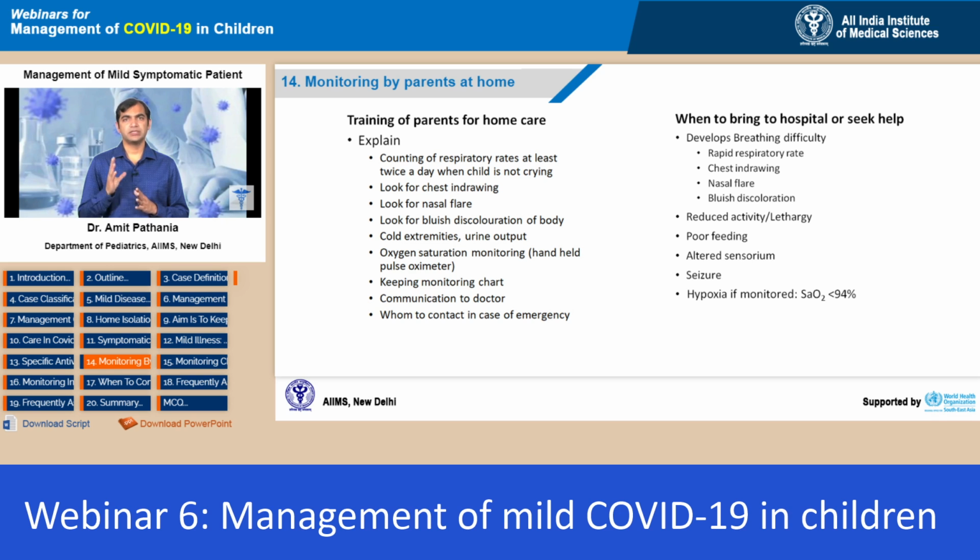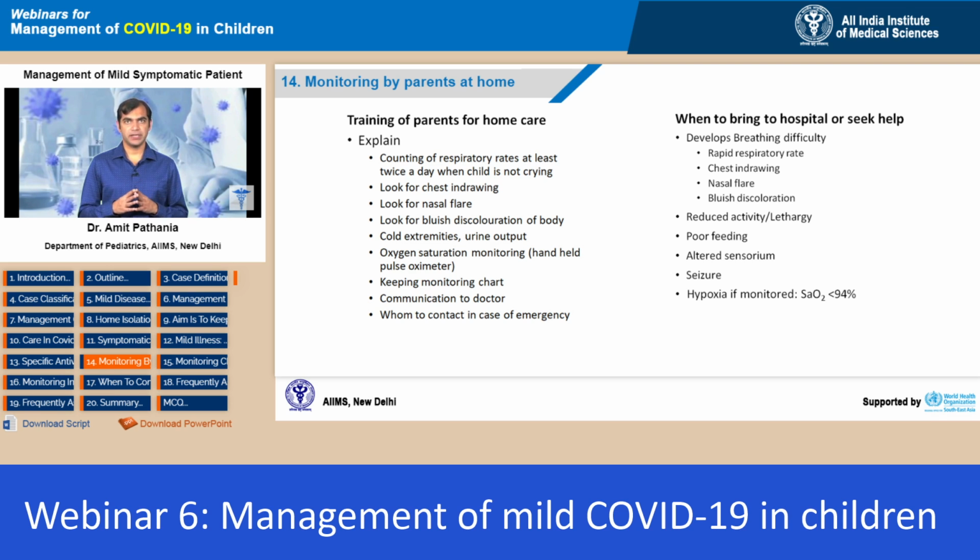They should be explained how to look for chest indrawing, nasal flare, bluish discoloration of body, cold extremities, and to monitor urine output. They should use oxygen saturation monitoring by handheld pulse oximeter. They should keep a monitoring chart and communicate to the doctor, and they should know where to go in case of emergency.